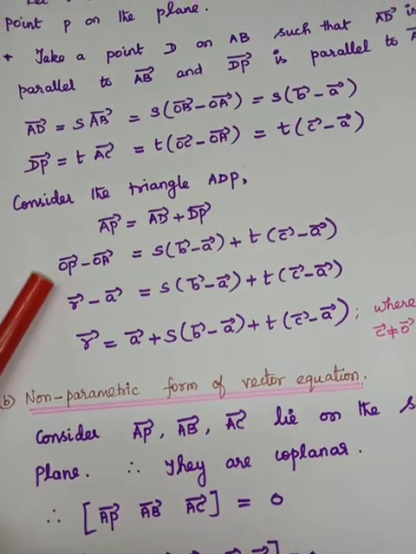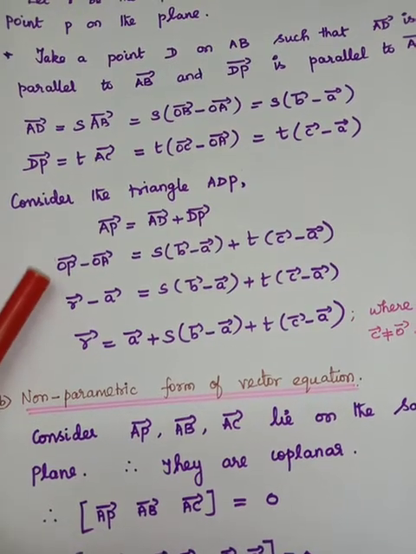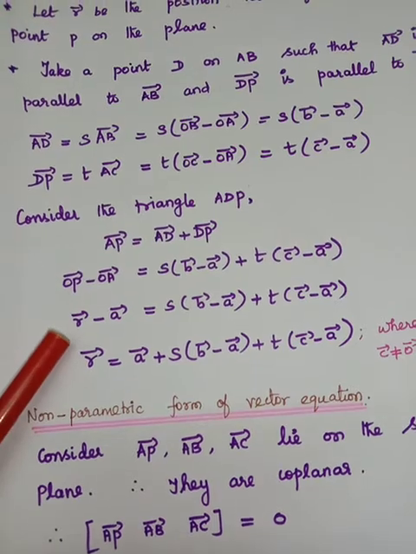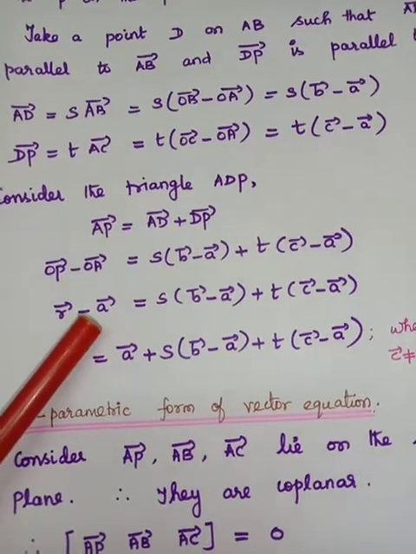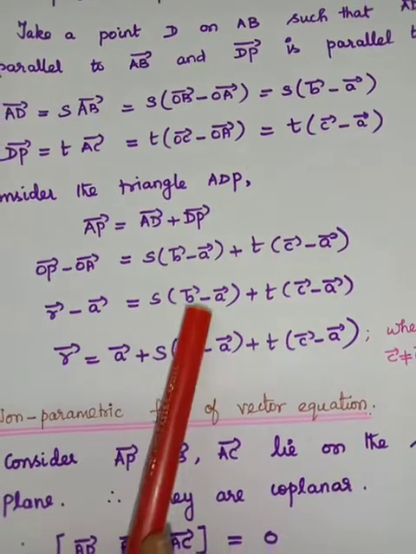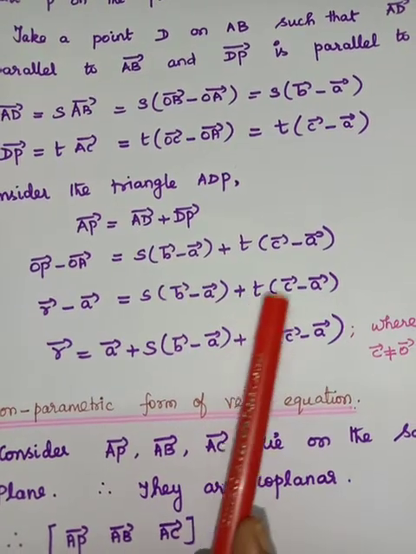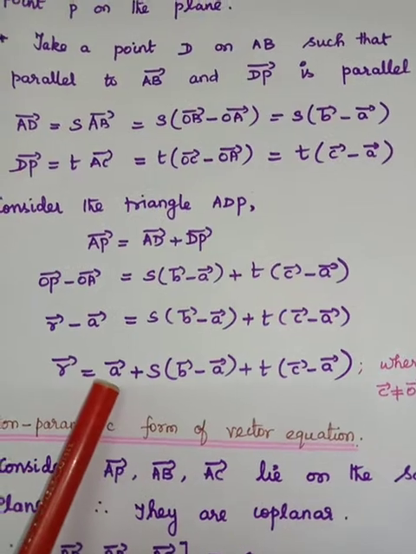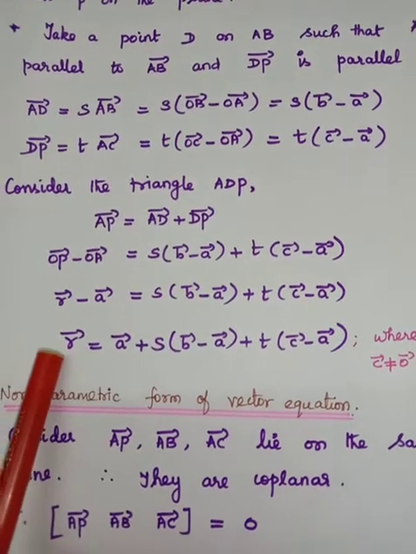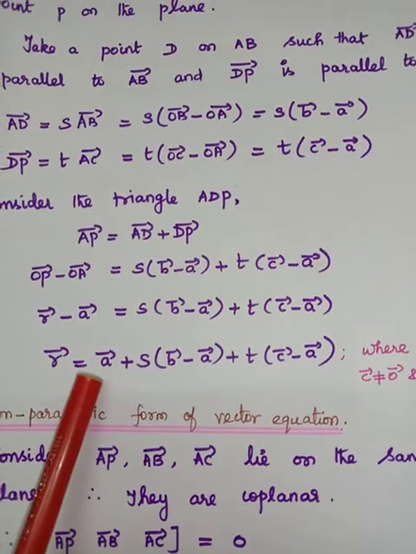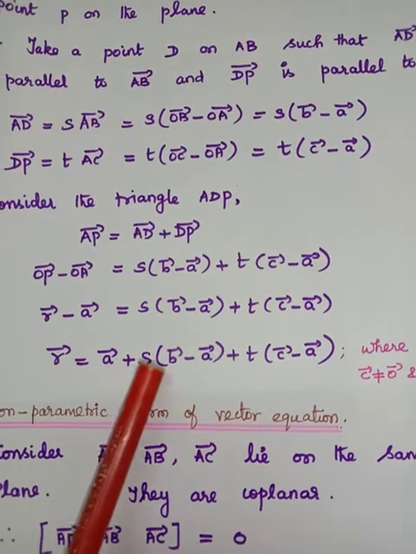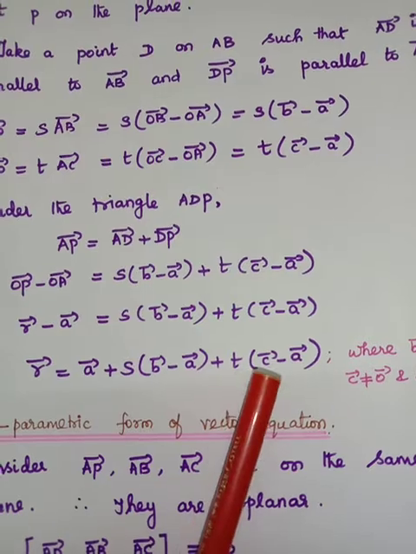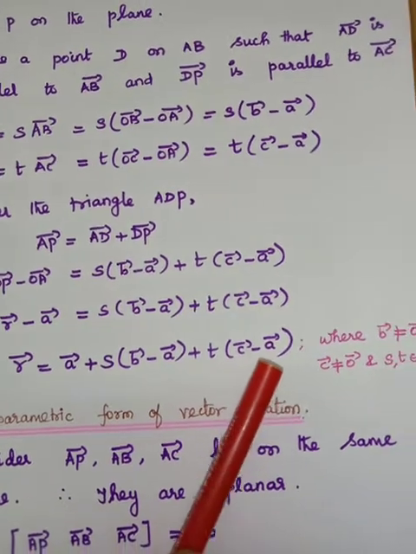The position vector of the point P is r vector. So OP vector minus OA vector is r vector minus a vector, which equals s into (b vector minus a vector) plus t into (c vector minus a vector). When you bring minus a vector to the right side, it becomes r vector equals a vector plus s into (b vector minus a vector) plus t into (c vector minus a vector).